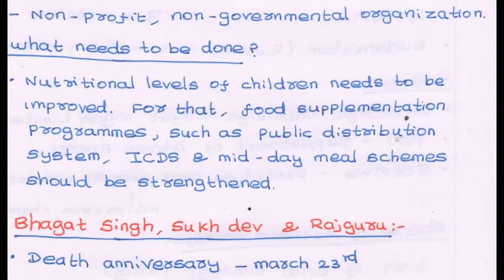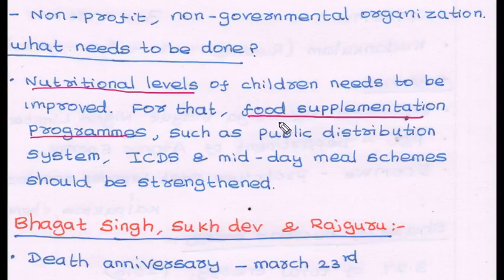So what do we need to do to reduce the impact of tuberculosis? The main thing is we should improve the level of nutrition of our children. For that, many food supplementation programs that the government is implementing need to be strengthened, like the public distribution system, ICDS, and midday meal schemes.